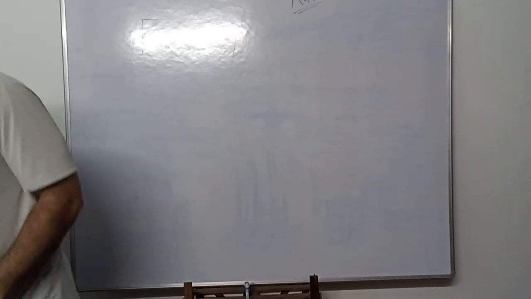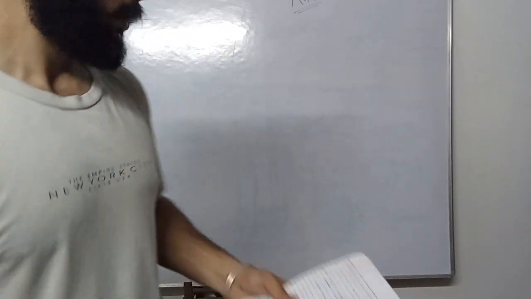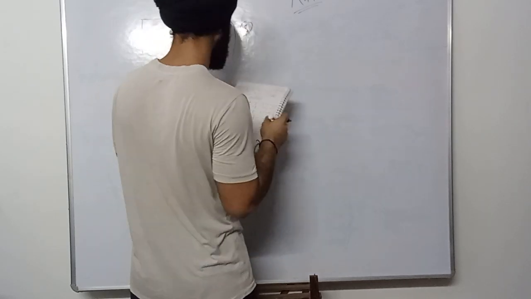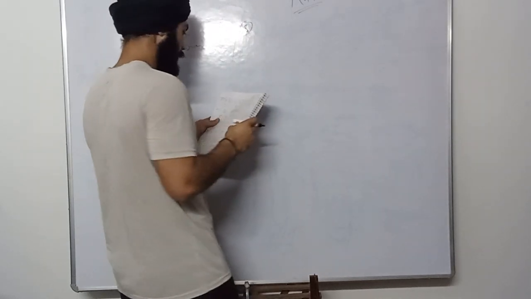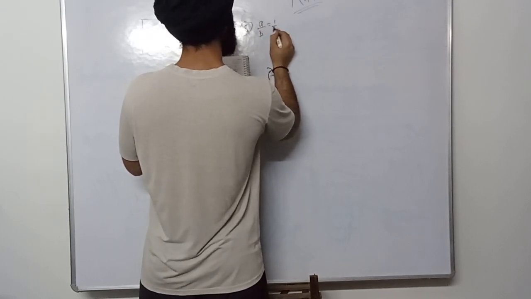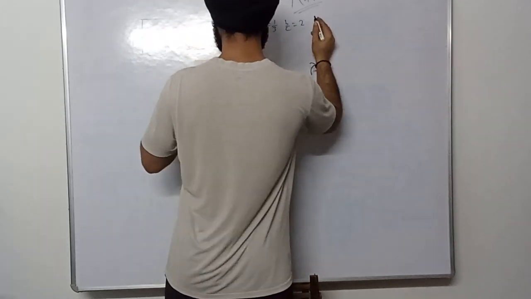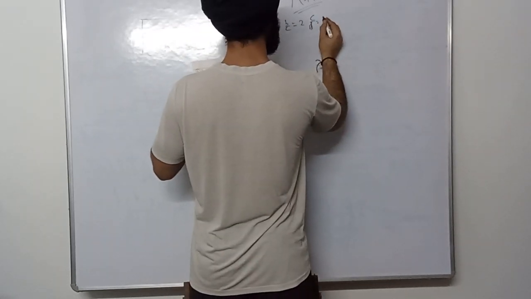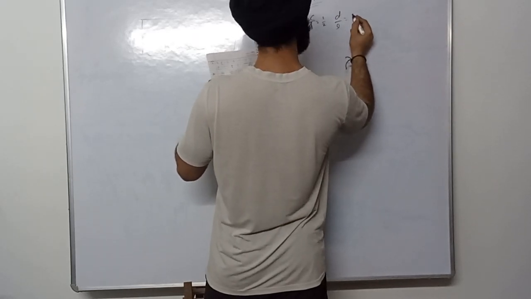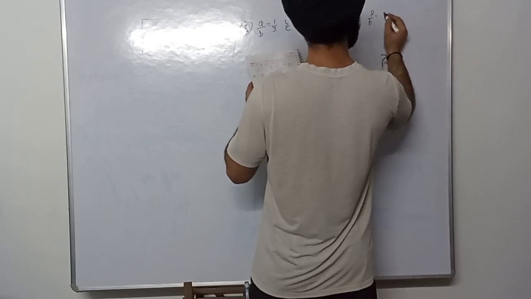So now I am going to continue with the black marker. So question number 8. If A by B is equal to 1 by 3, B by C is equal to 2, C by D is equal to 1 by 2, D by E is equal to 3, E by F is equal to 1 by 4.